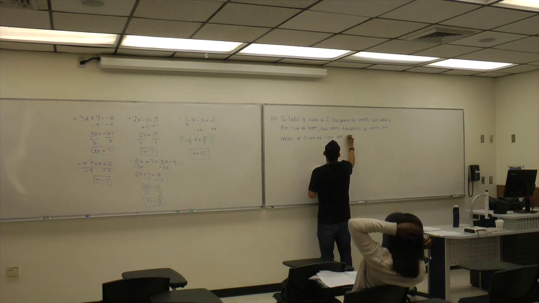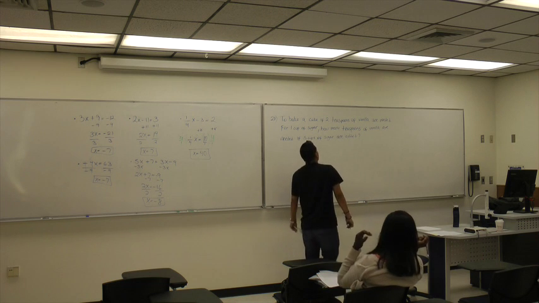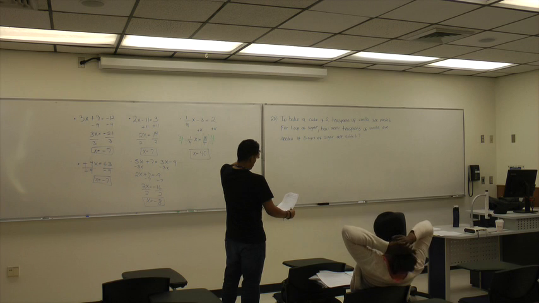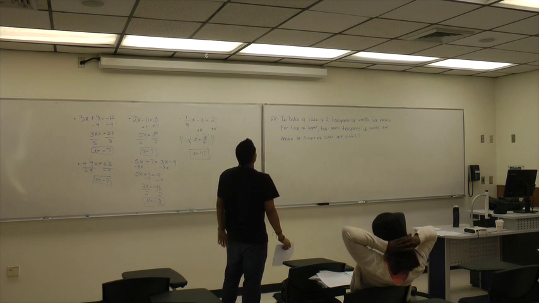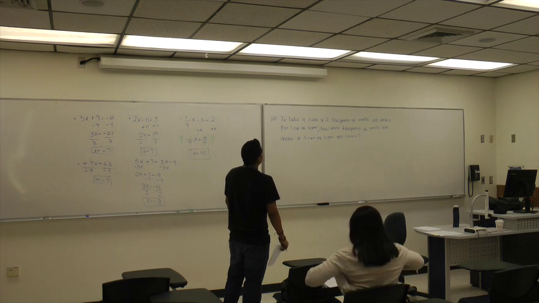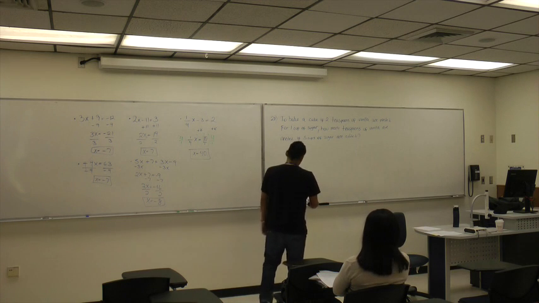Is the next one more algebra stuff? I haven't looked at it yet. Let's see, to bake a cake with 2 teaspoons of vanilla needed for 1 cup of sugar, how many teaspoons of vanilla are needed if 5 cups of sugar are added? 10 teaspoons, right?